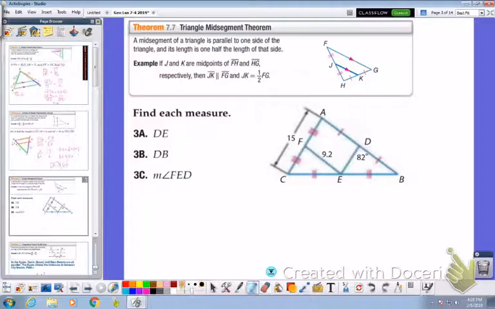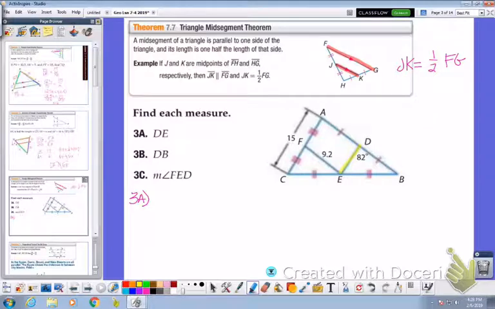So in this picture, here is your midsegment, here is the side of the triangle. What it's stating is that JK is equal to half of FG. So it's half of that side length. In our picture, we are going to find DE. So here is DE.